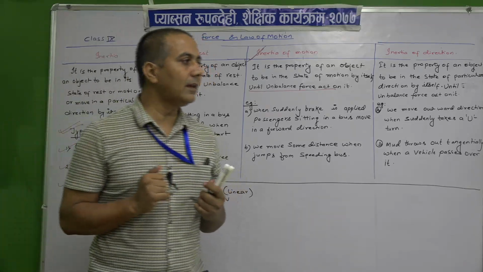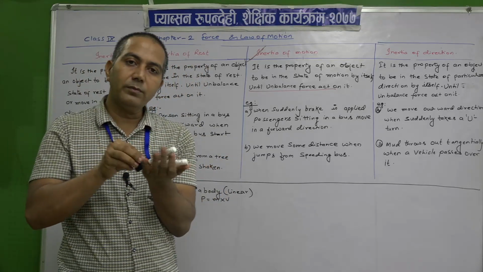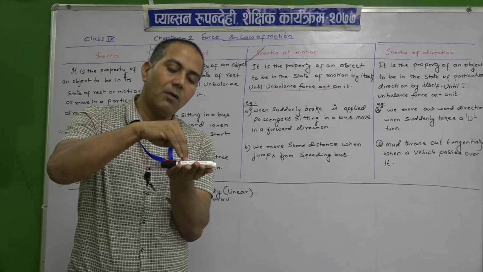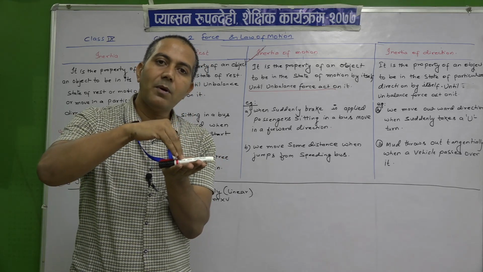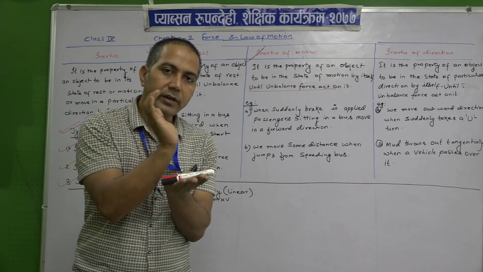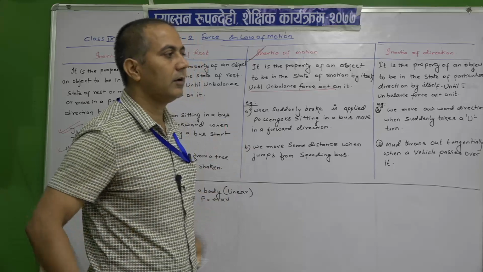Now, again take the example of the bus when it moves and jerks. Our legs are in touch with the bus and our upper body is not in touch with the bus, except where it rests on the seat.